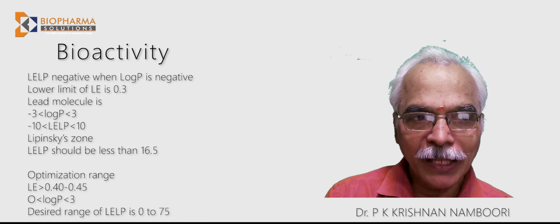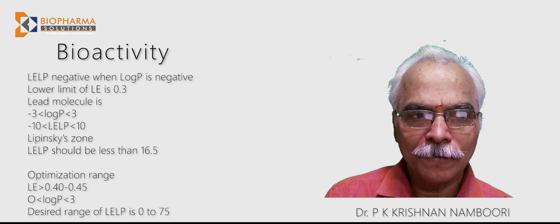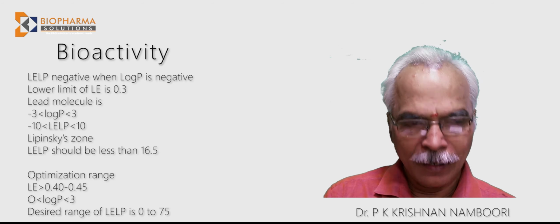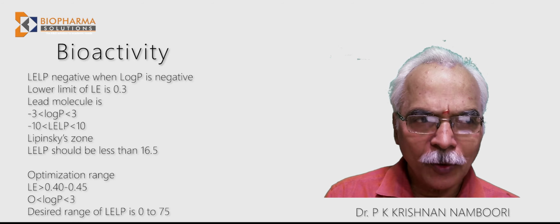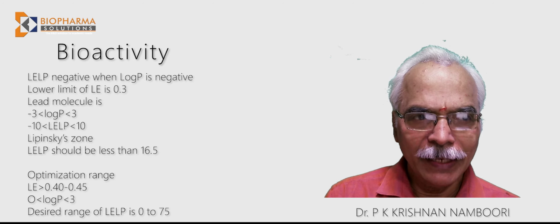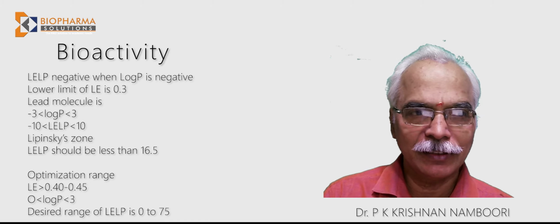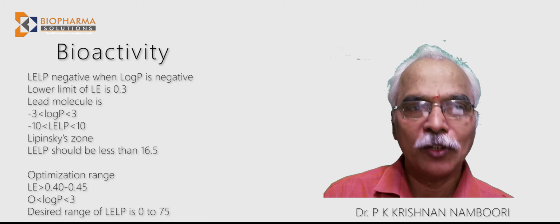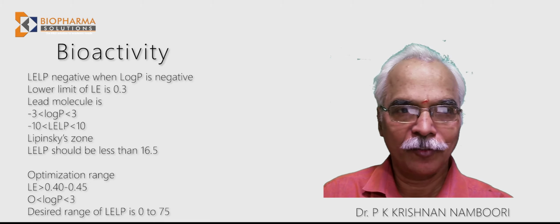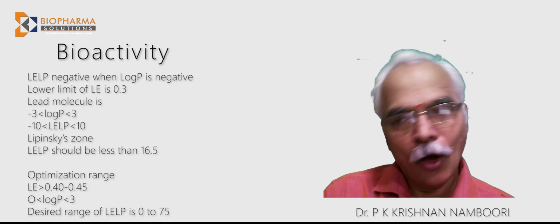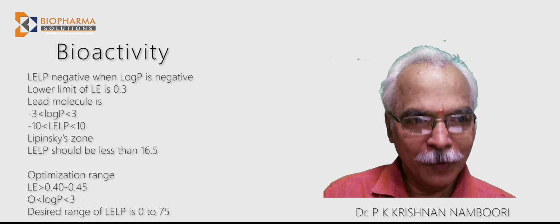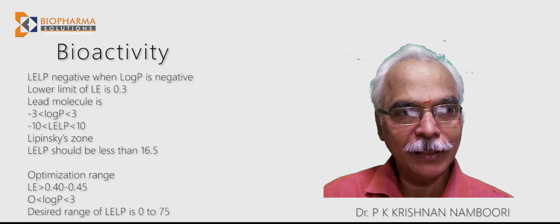So based upon that, what we can say is, for most of the compounds, the ligand efficiency range is between 0.4 and 0.45. Log P value is between 0 and 3.